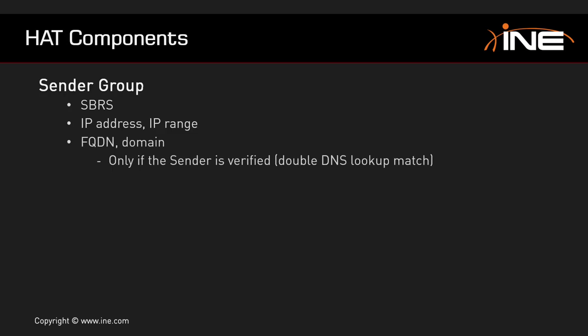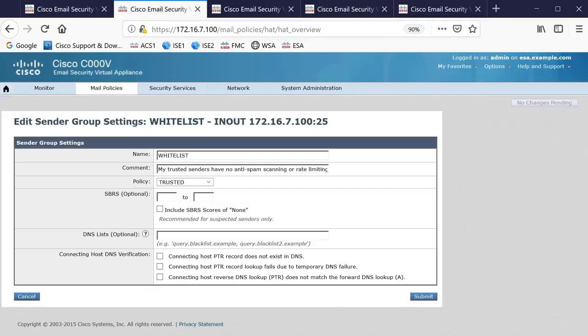It's going to be IP address or maybe range of addresses defining connecting SMTP hosts. It could be a FQDN or maybe domain of the sender. But this portion is only going to come into play if the double DNS lookup was successful and if the results matched, which means that the sender was verified. Plus, we could also play a little bit with this section, which is all about including senders that were unverified.